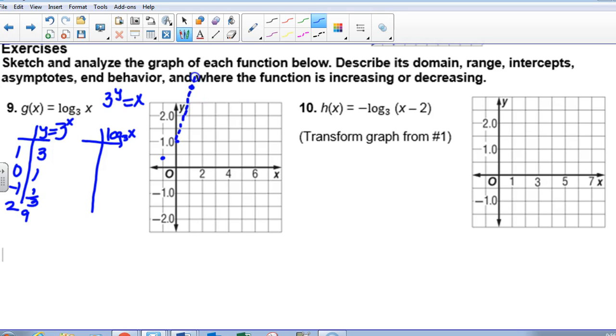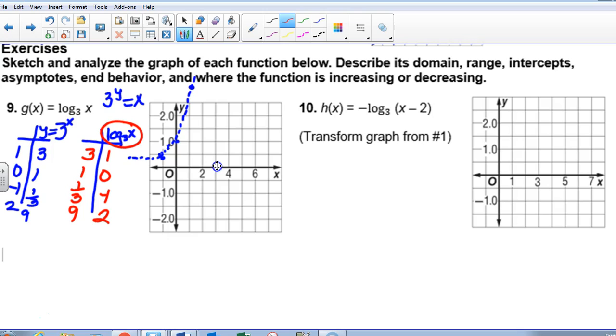We're trying to graph the inverse of that. So the inverse of that switches all those ordered pairs. The log base 3 of x has the points 3, 1, 1, 0, 1/3, negative 1, 9, 2.